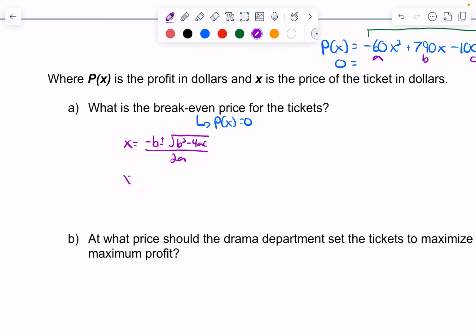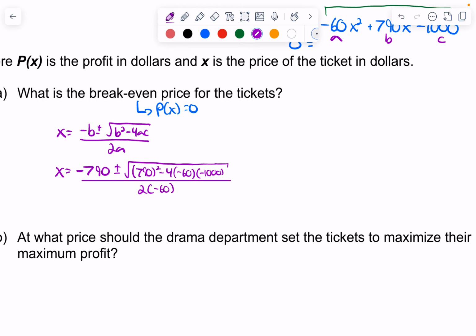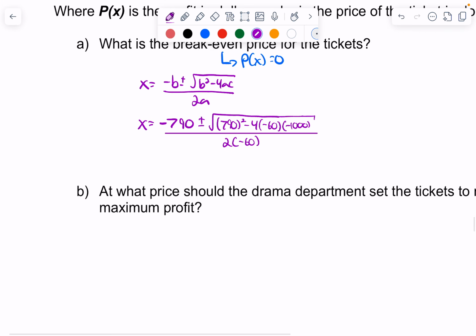We have x equals negative b, so in this case that's minus 790, because b is positive 790, plus or minus the square root of 790 squared minus 4 times a, which is minus 60, times c, which is minus 1,000. All of that is all over 2 times your a value, minus 60. Okay, so x equals, and actually, no, I'll solve it over here.